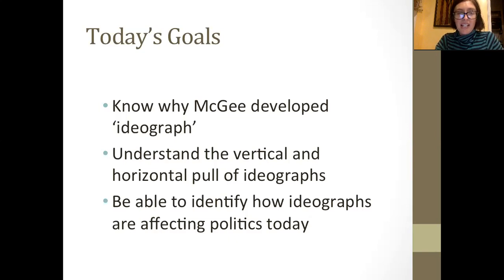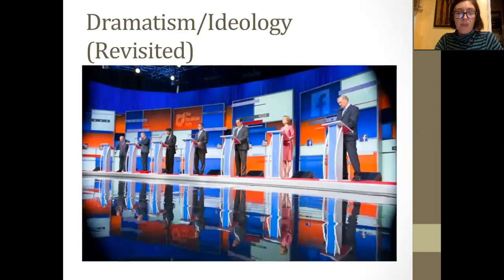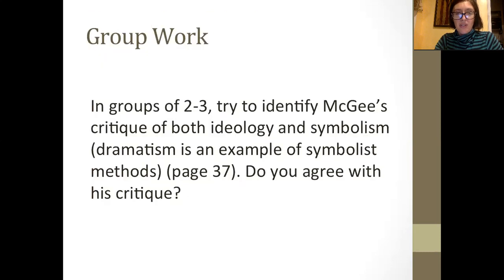Typically in a class session, what I have students do is they answer this quick question. So what I want you all to know when you're trying to read this, I know that this reading is one of the harder ones of this text. When McGee utilizes the words symbolism, dramatism, myth, those three words, think about those as meaning the same thing.